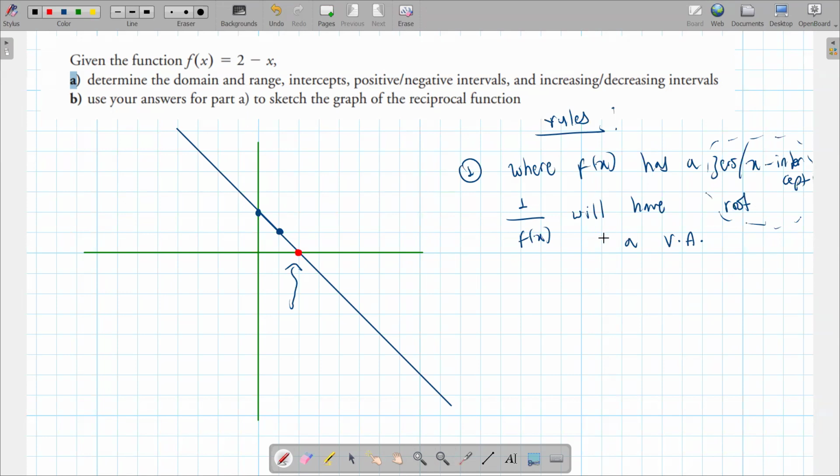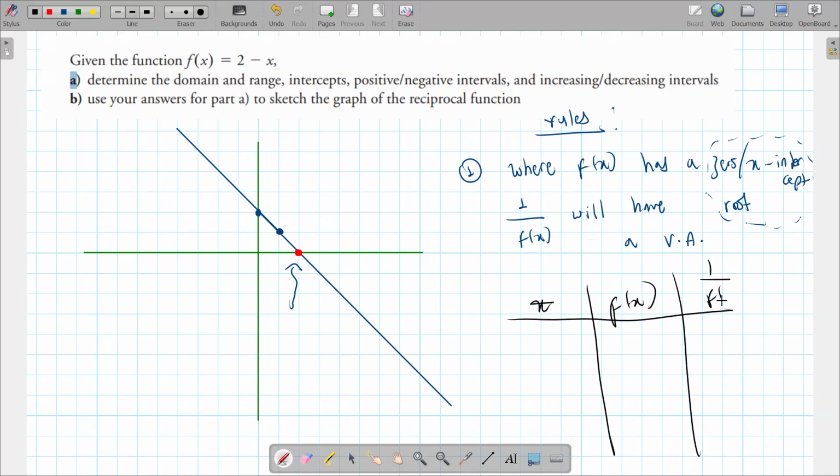Now, why would it have a vertical asymptote? Where's this coming from? Because we flip every point, we do 1 over the original point. Here's what I mean. So this point is 2, right? On 1 over f of x, on the reciprocal function, the x values don't change. I think this would make it very clear. So x, you have f of x, and then you have 1 over f of x.